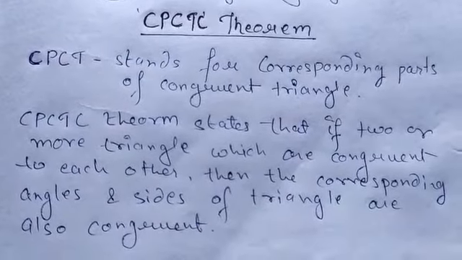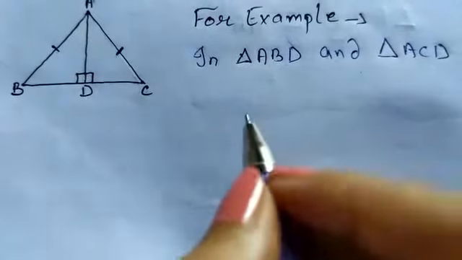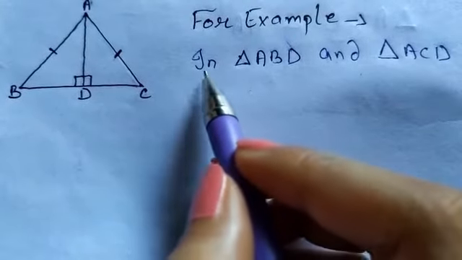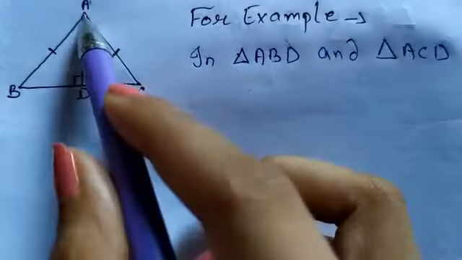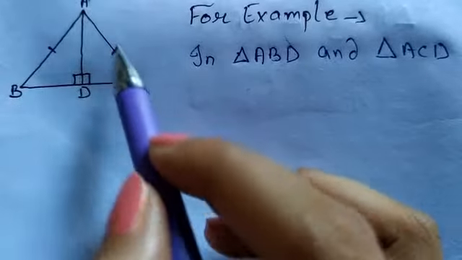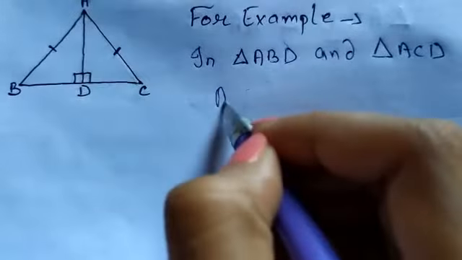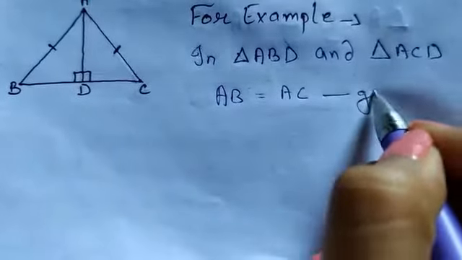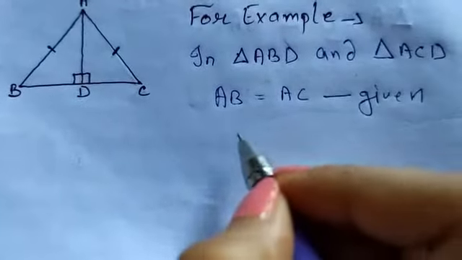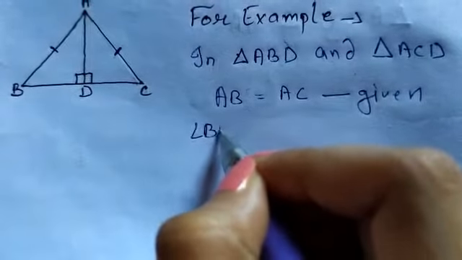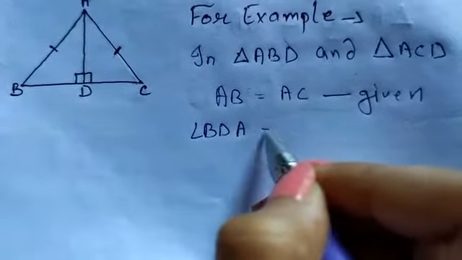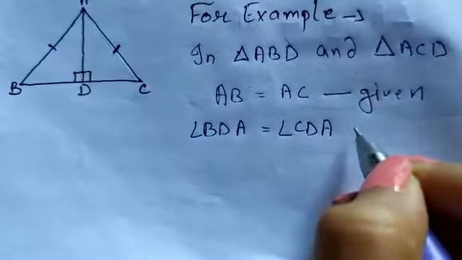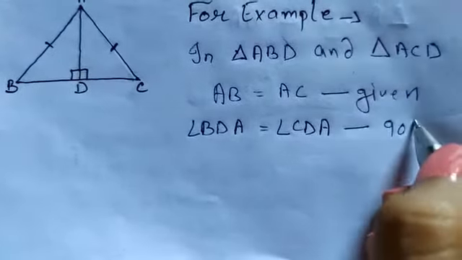For example, in triangles ABD and ACD, AB is equal to AC, given. Angle BDA is equal to angle CDA, by 90 degrees.